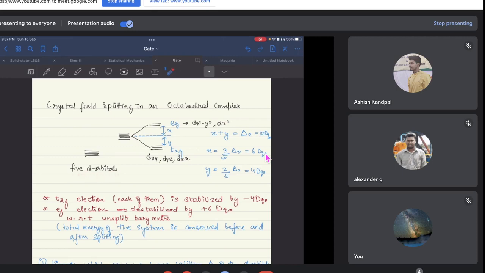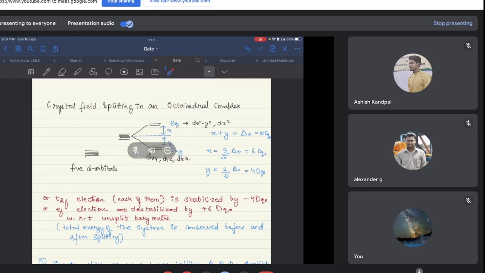Once it is surrounded by the incoming ligand, the degeneracy of the d orbitals is still maintained, but it is above the ground state energy level. Then, as the ligand approaches, here we are talking about the octahedral complex, it will get split into T2g and Eg orbitals.